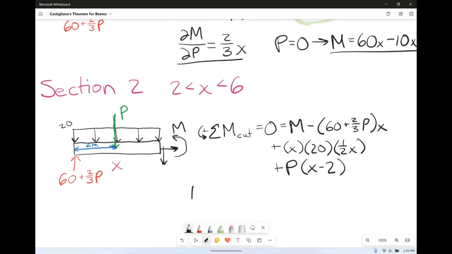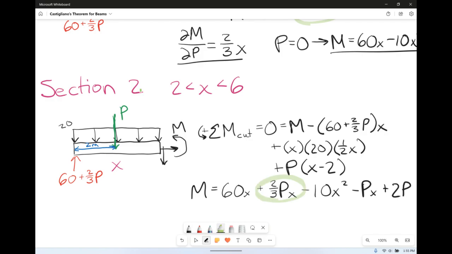So our moment equation becomes 60x plus 2/3 of P times X minus 10x squared minus P times X plus 2P.